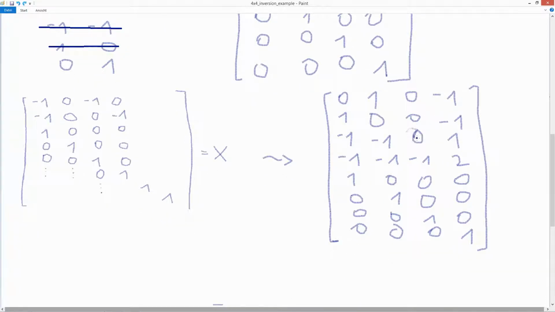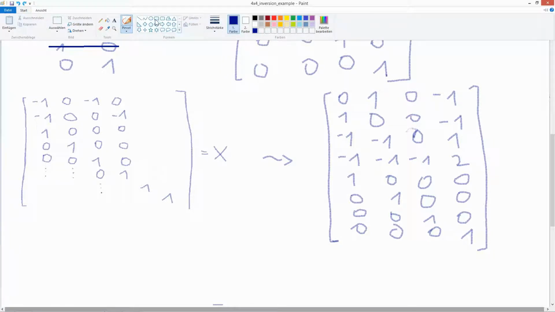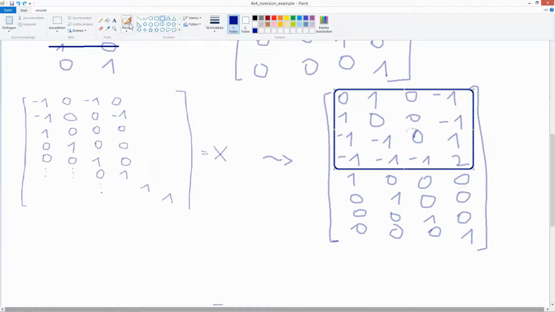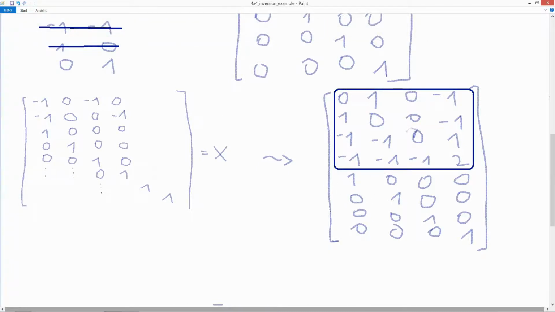Now we have calculated this matrix here, and we will take a look at this submatrix here, and we will also take a look at these numbers here.